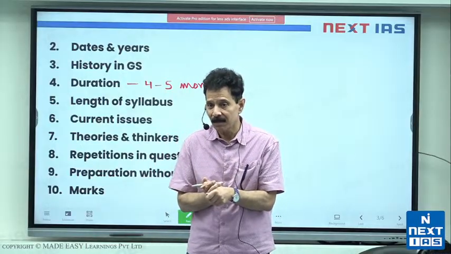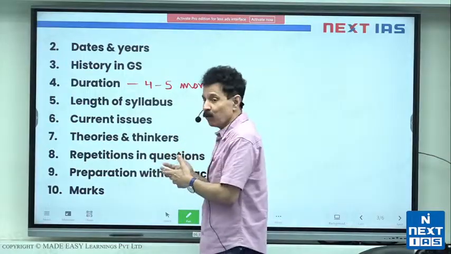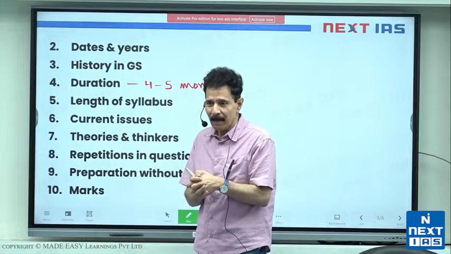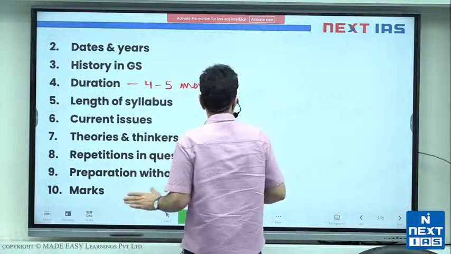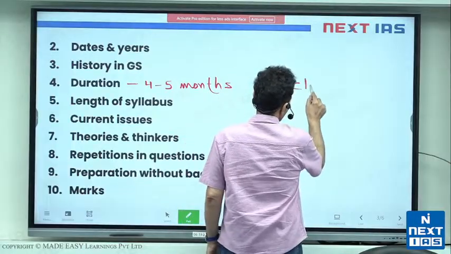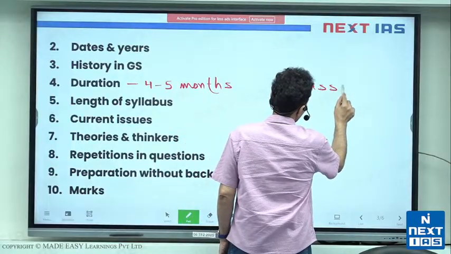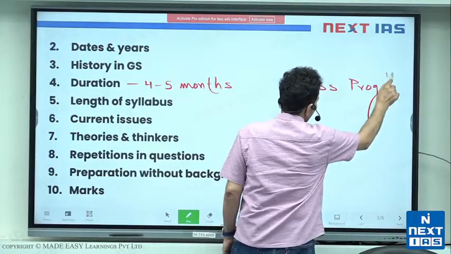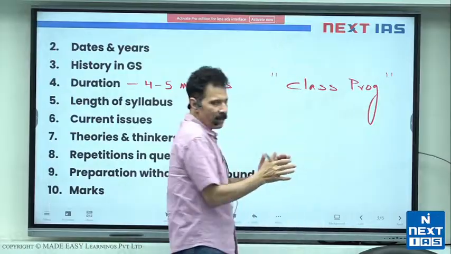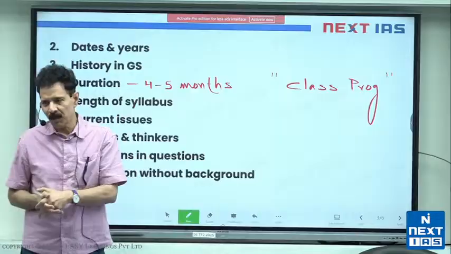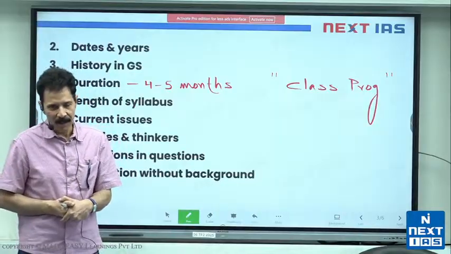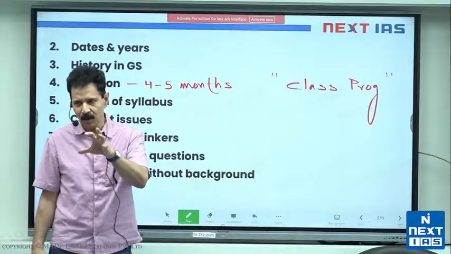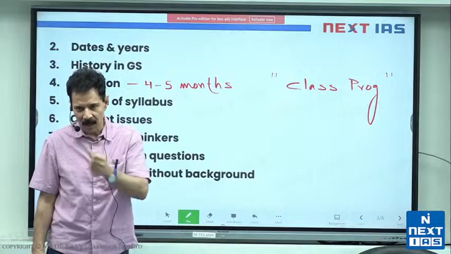So maybe you're thinking, I'm saying here 4 to 5 months, but the class duration is 6 months, so a contradiction. The answer is, the class program here at NEXT IAS is entirely different from the class program of history elsewhere. How is this different? This I'm going to discuss later in detail. Meanwhile, I should give you the answer in brief, why 6 months.